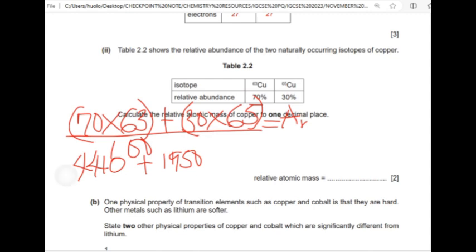Okay, so everything again over 100, then you sum it up. When you add 4410 to 1950, you are going to have 6360. Divide by 100. This is easy.